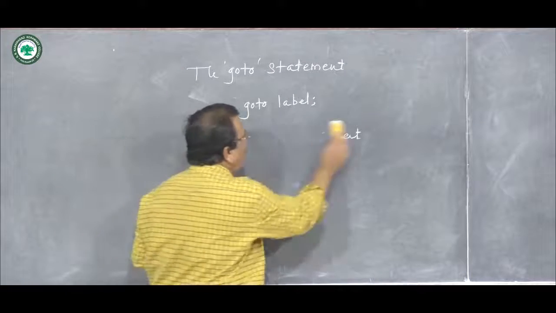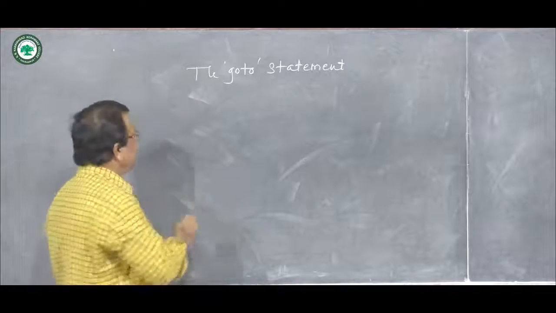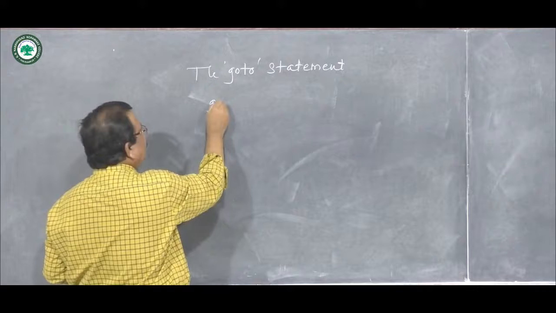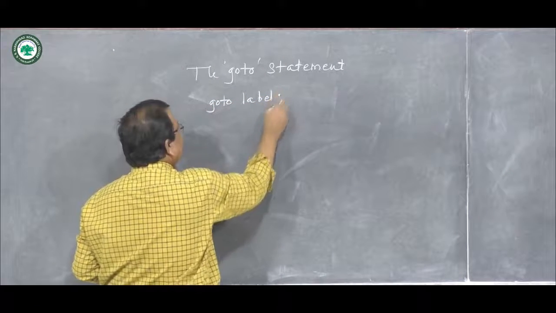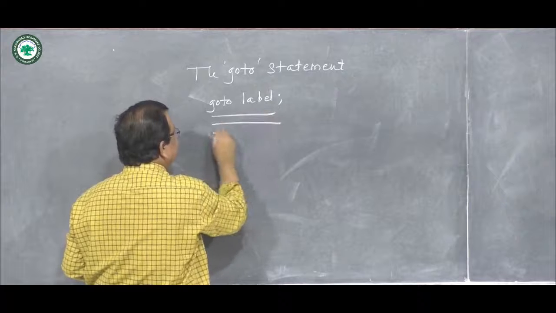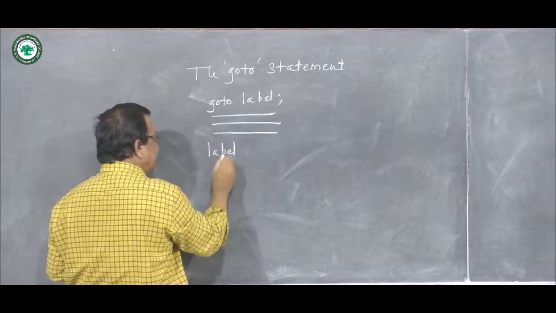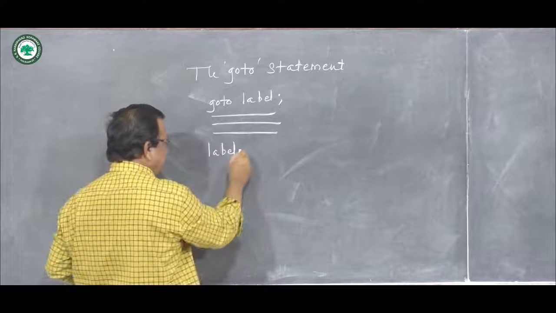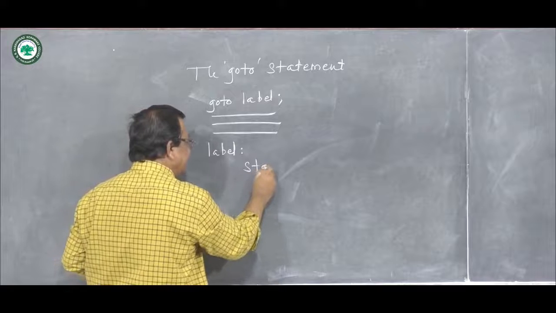There are two forms of the goto statement. The first one is goto label, semicolon. Few C statements are there, and here is a target statement which is preceded by this identifier, namely label, and then the statement.